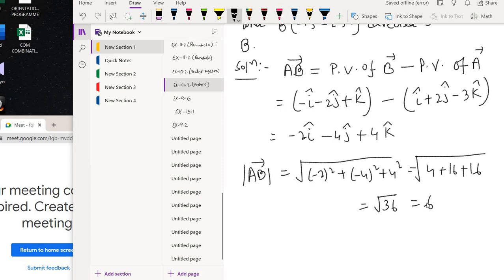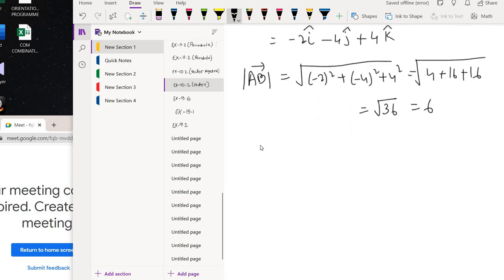Okay, now l equal to coefficient of i, that is minus 2 by 6, equal to minus 1 by 3, and m equal to minus 4 by 6, minus 2 by 3.